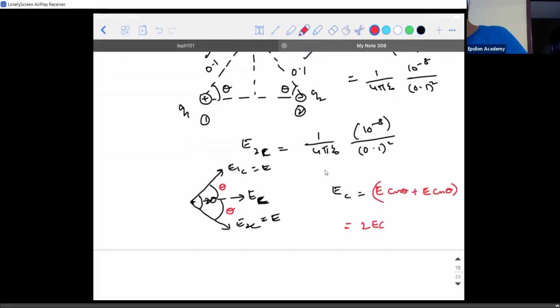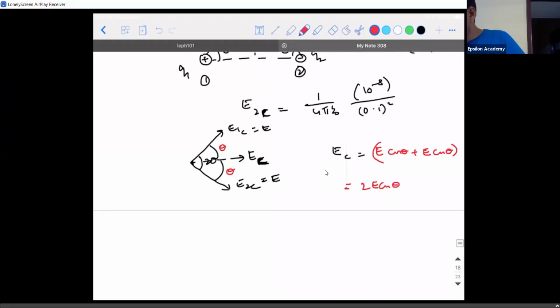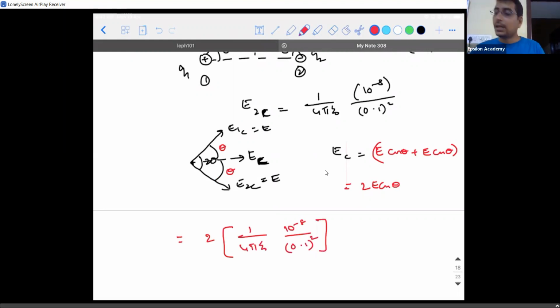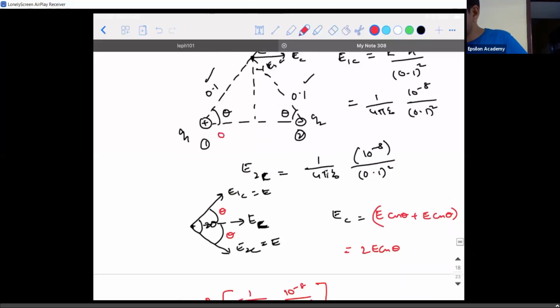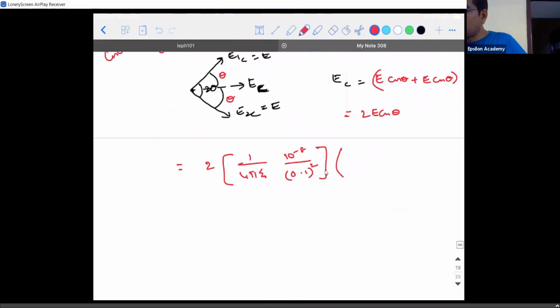That is 2 times E cos theta, and it is going to be 2 into, what is the value of E? That is 1 by 4 pi epsilon naught into 10 power minus 8 divided by 0.1 the whole square into, what is the value of cos theta? This is 0.05. So cos theta is equal to 0.05 divided by 0.1, that will be 1 by 2. So cos theta is 1 by 2. 2 and 2 will get cancelled.